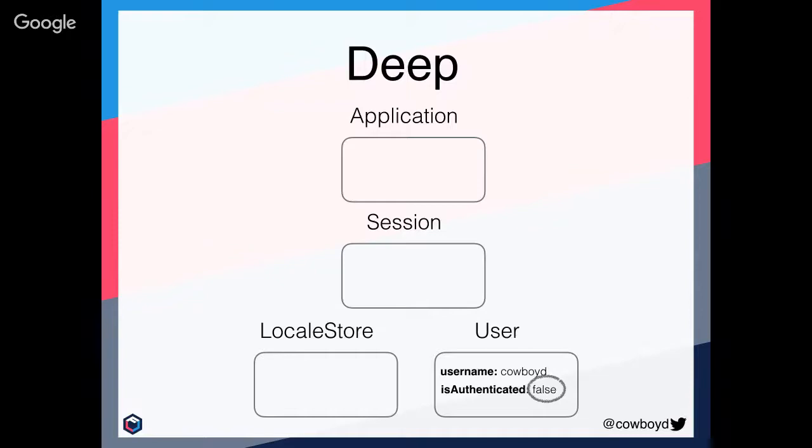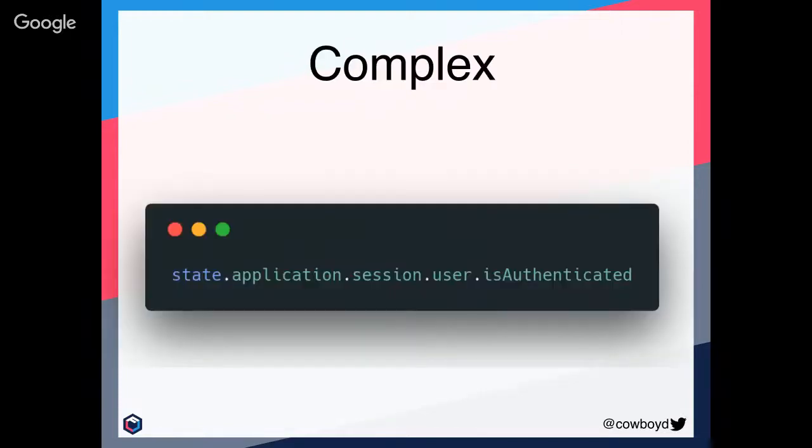And that application is your state, right? And this is actually a simple conception. IRL, as we know, stuff gets complex, fast. So if we wanted to read our original is authenticated Boolean, we've got to say state.application.session.user.isAuthenticated, and that's how we get there.